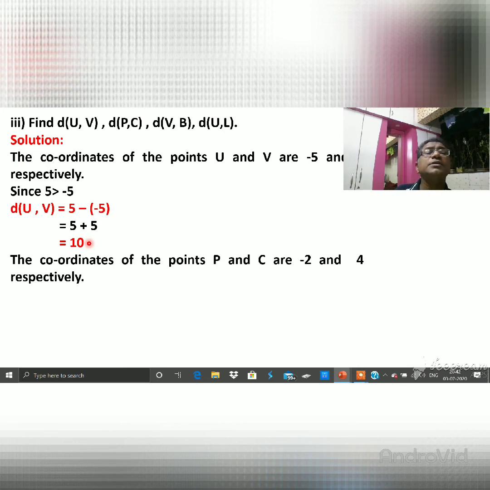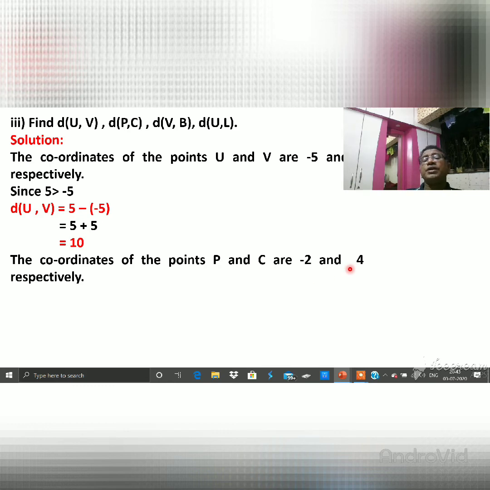Now you have to find the distance P comma C. The P coordinate is written here: -2. Very good. So the P coordinate is -2 and the C coordinate is 4. What can you do? You only compare who is greater. I already explained that a positive number is always greater than a negative number.